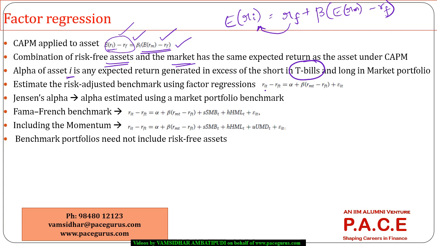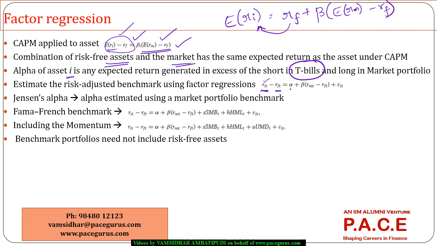If I have to generate that, I am taking the returns of the security for each period. The risk-free rate of return also, instead of taking it as a constant for the whole period, we are trying to find out the RF at those different points in time. So if this is monthly data that I have taken, I am taking the monthly returns of the security minus the monthly returns associated with the risk-free rate of return.